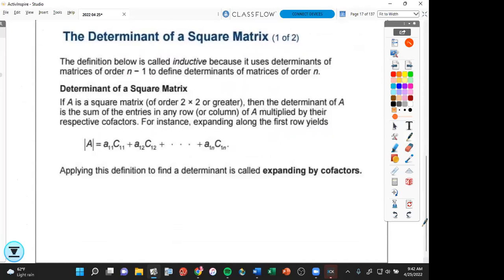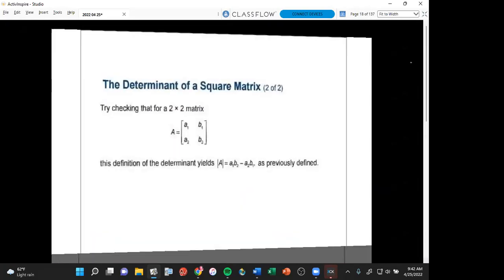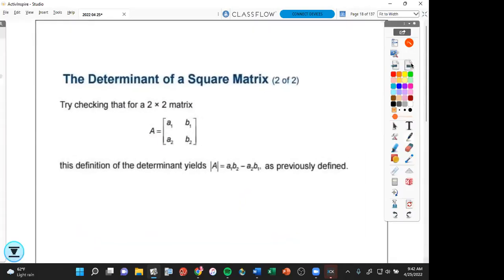I already talked about this one. So that method we just used was called expanding by cofactors. It says try checking that for a 2 by 2 matrix. This definition determines a sub 1 b sub 2 minus a sub 2 b sub 1 as previously defined. If I covered up this row and column, what's left?